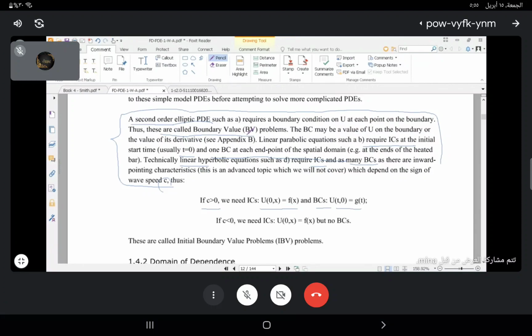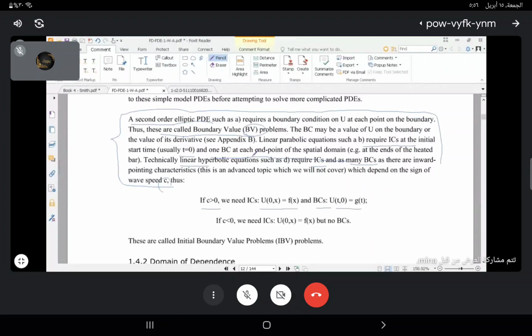BVP means boundary value problems. In the linear parabolic equation, we need initial condition and boundary condition, and this type of equation is called an initial boundary value problem.